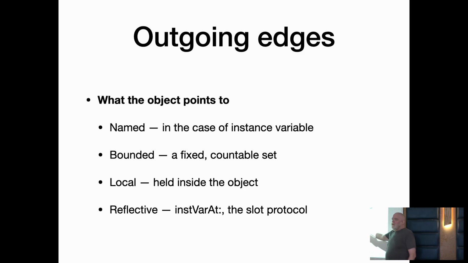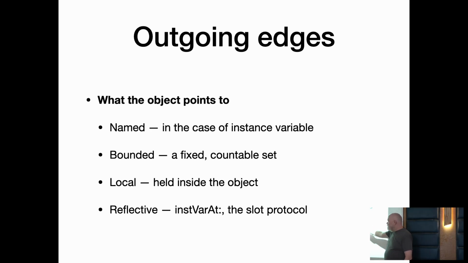We know exactly how many outgoing edges we have from an object, because that's the instance variables, which we can reflectively even look at. We can ask the object how many instance variables it has, or if it's an array, we can know, array size of 10. All the objects that the array points to are the outgoing edges.